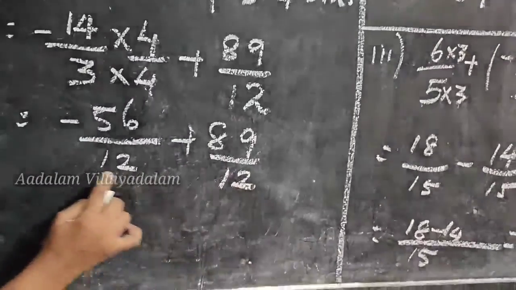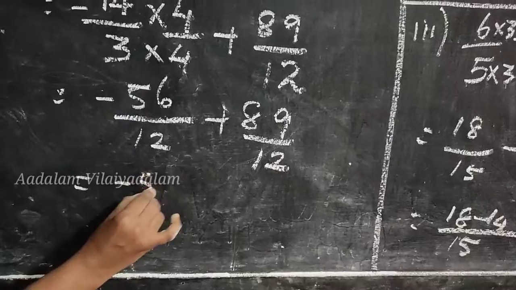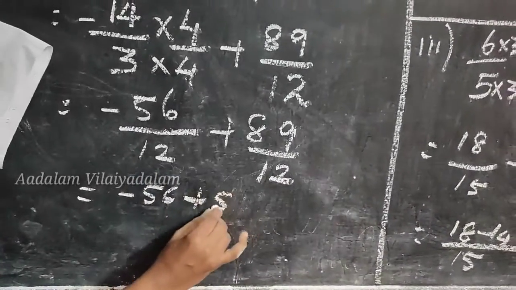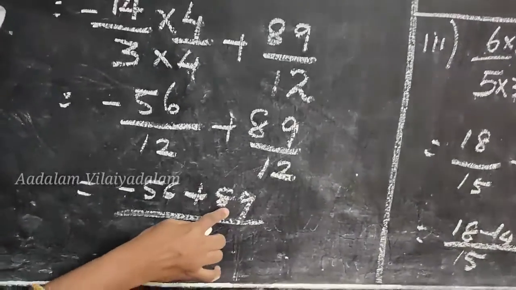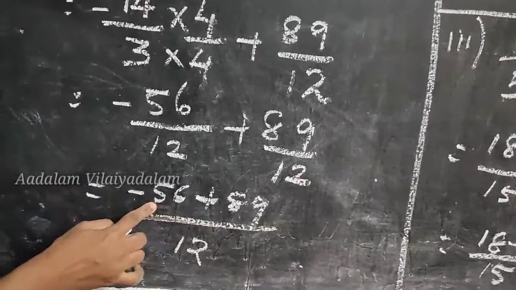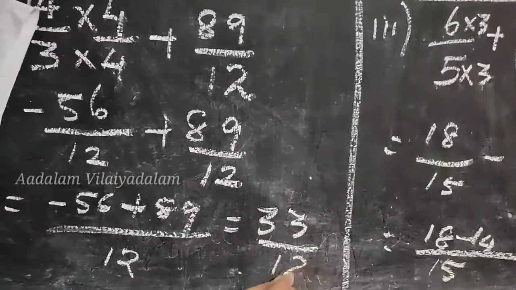Here the denominator is the same only. We have to add the numerators: minus 56 plus 89. So these are different signs only, so subtract: 89 minus 56. So the answer is 33 divided by 12.